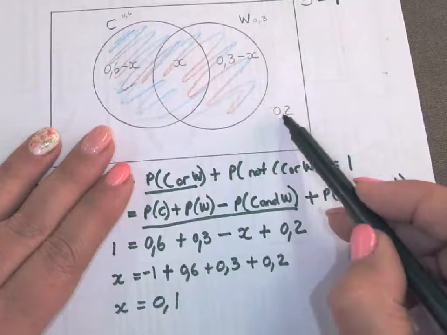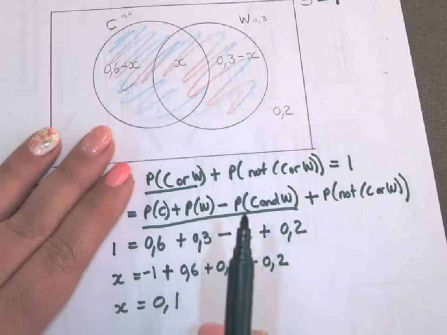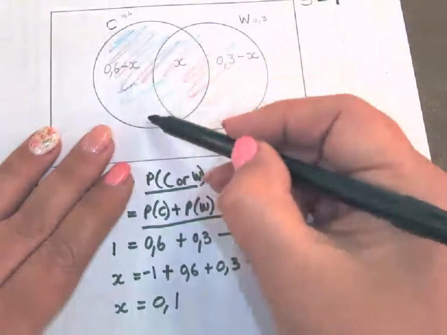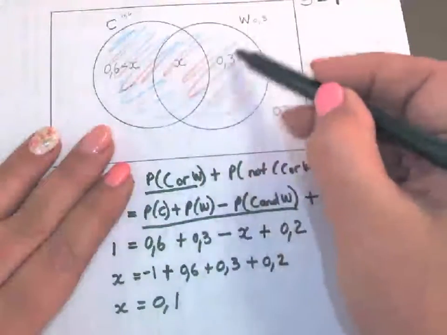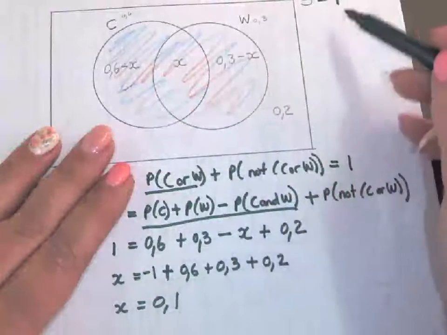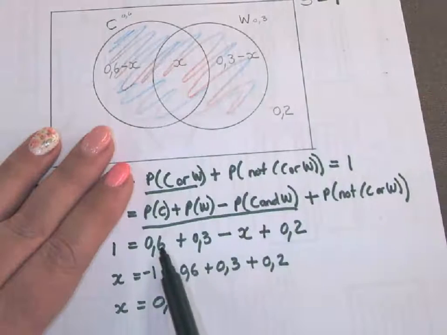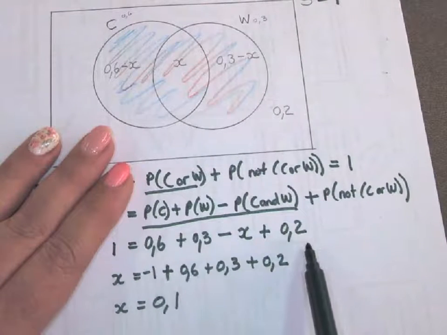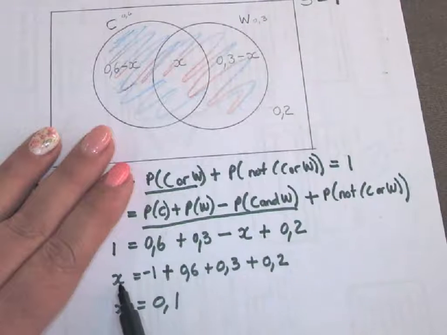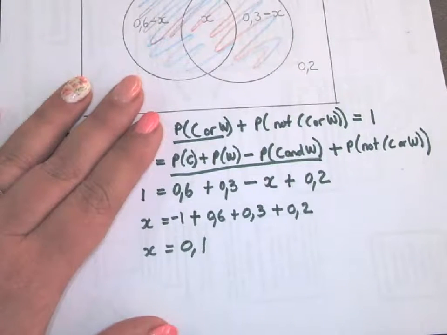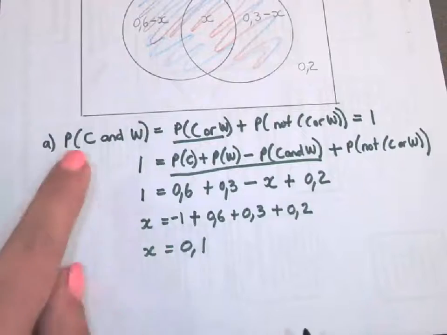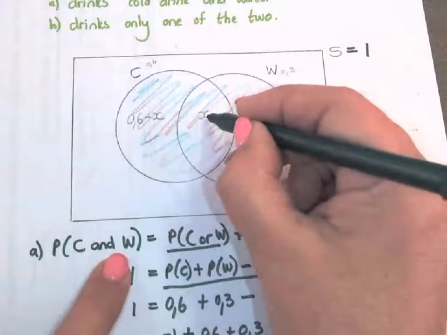Plus not that. So I just broke it up into this part plus this part plus this part plus this part is 1. And then I put in all the probabilities. Get x alone and you get 0,1. So the probability of cold drink and water here is 0,1.